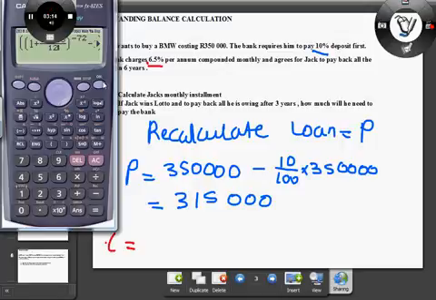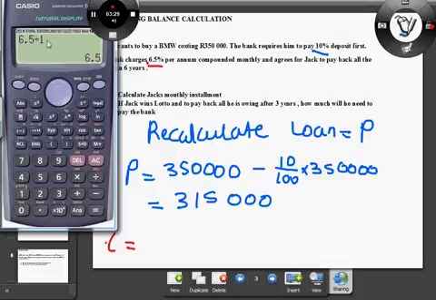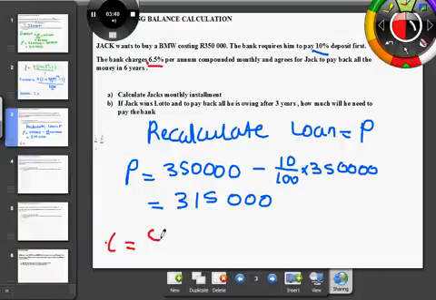Let me change it to a decimal, which is going to be 0.065. But because it's compounded monthly, we have to divide it by 12. Monthly means there are 12 months.